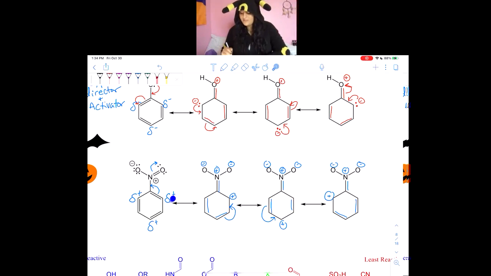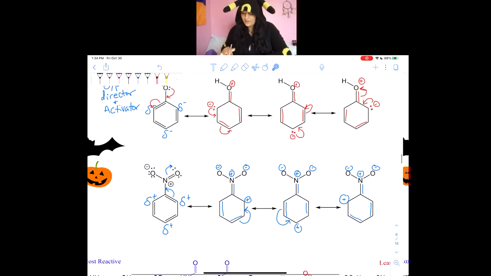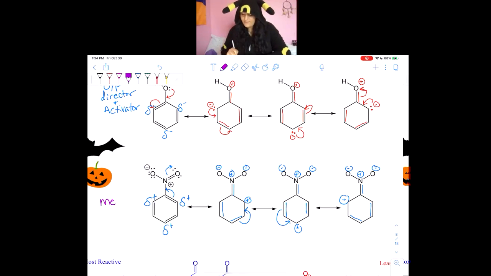So these positions are really, really bad at being nucleophiles. And so in comparison, the meta position is going to be more nucleophilic. So in this case, it's going to be a meta director.